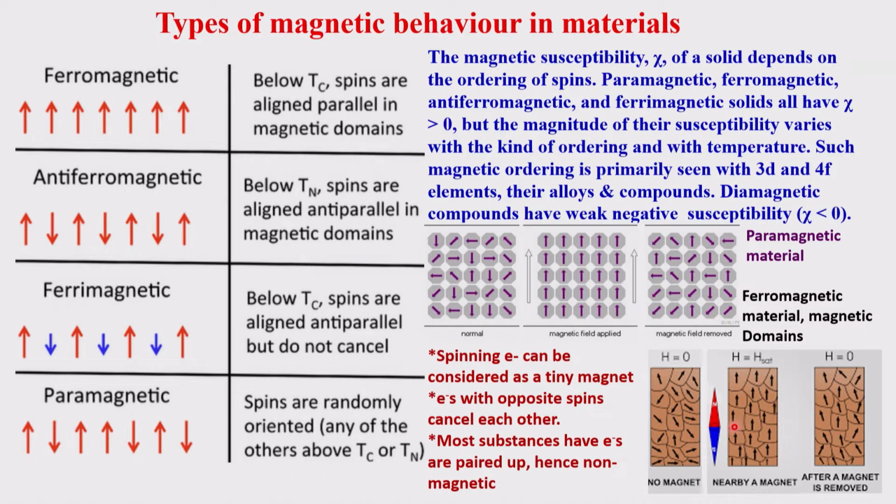Now, you remove the magnetic field. See that in the last one, please keep seeing this slide, it is very important. You have removed the field, but what is happening is that it is not completely gone back like here. Here all the spins have gone back to random, but here it is not so.